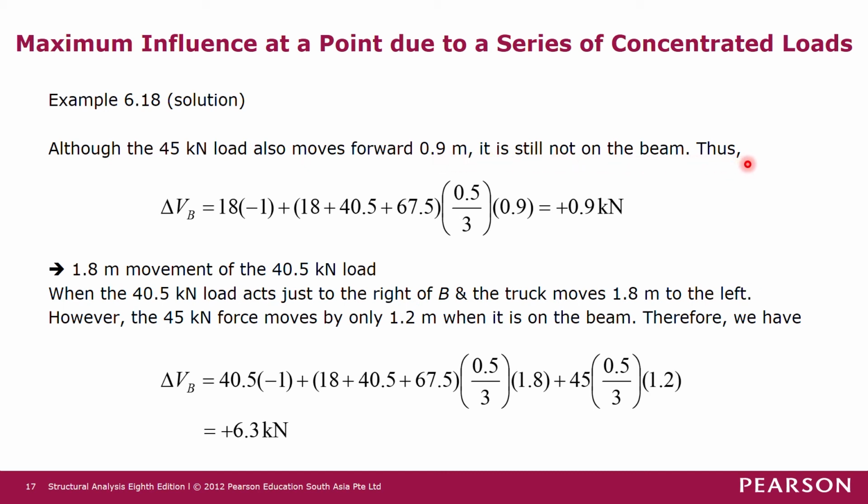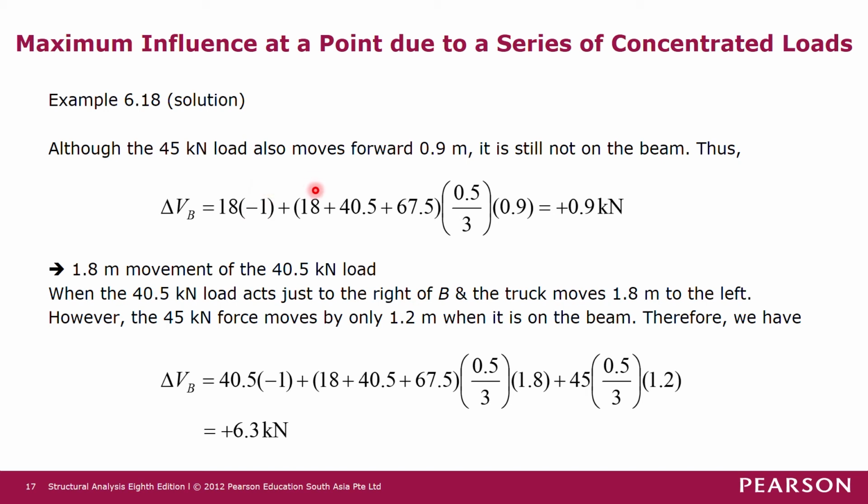So the change in shear force will just be caused by three concentrated loads. The 18 kilonewton force moving past point C, from just to the right of C to just to the left of C, will cause a jump of -1. So the change in shear will be 18 times -1.